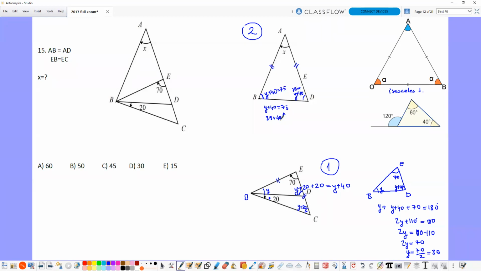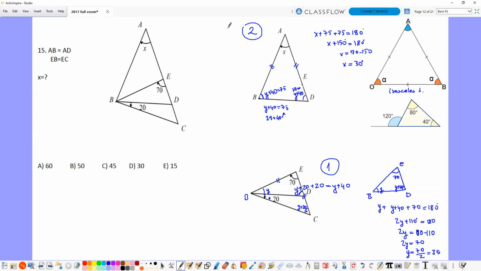And the third angle is x. With respect to this one, at the second part here, x plus 75 plus 75. Again, the sum of the interior angles of the triangle is 180. X plus 150 is going to be equal to 180. X is equal to 180 minus 150. X is going to be equal to 30.